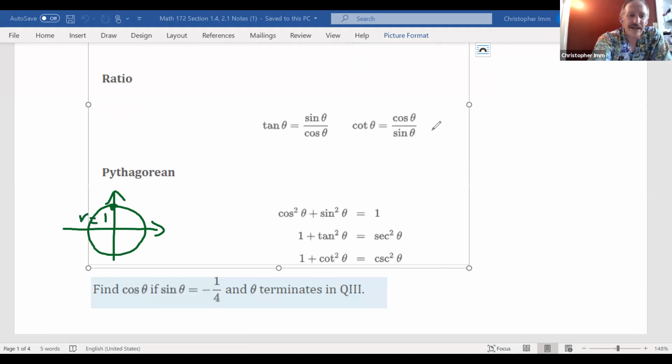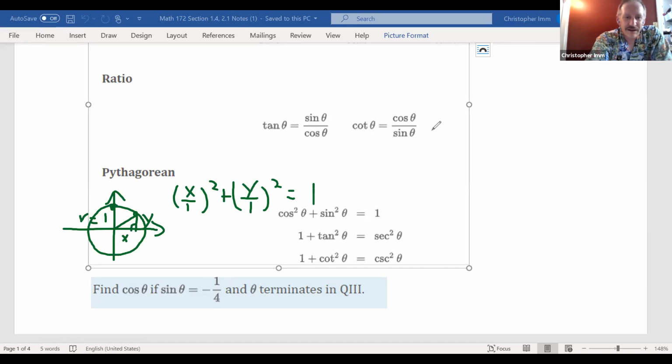It turns out if we have trig functions, that the sine and the cosine always lie on that unit circle. So if we have cosine being x and sine being y, then we can say, okay, cosine squared, so cosine in this case would be x over 1 squared, plus sine squared, that's going to be opposite over the hypotenuse, y over 1 squared, is equal to 1.